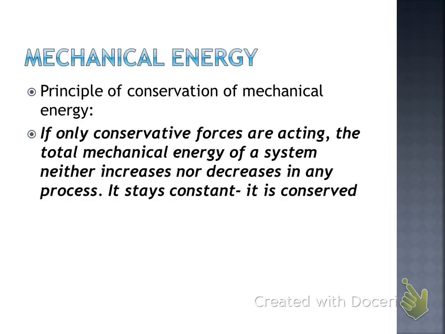It stays constant or is conserved. So you do need to have this paragraph down in your notes. This is just telling us that for things in which we don't care about the path, conservative forces like gravity, we have a conservation of mechanical energy.